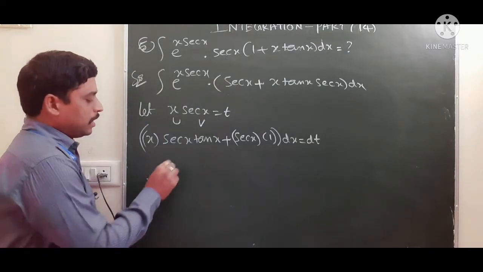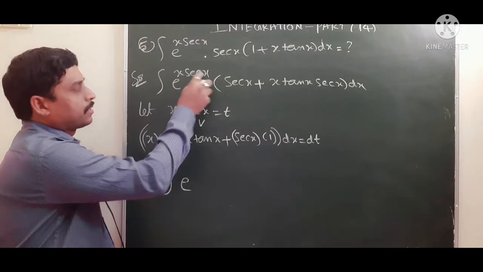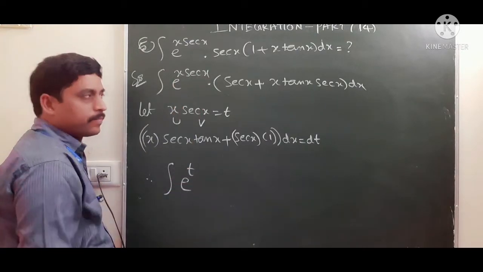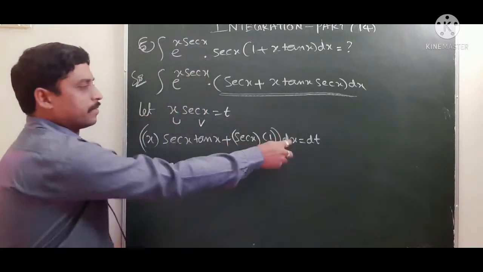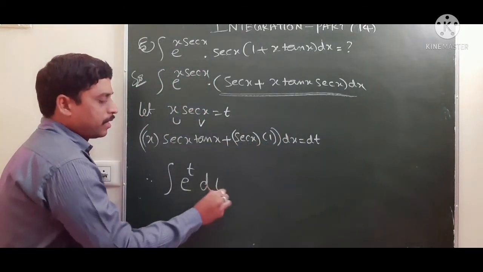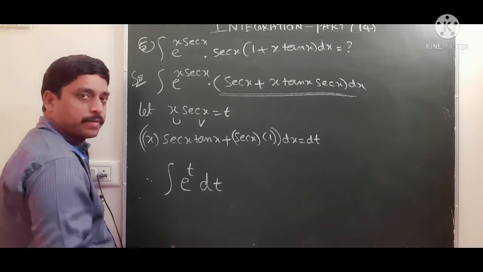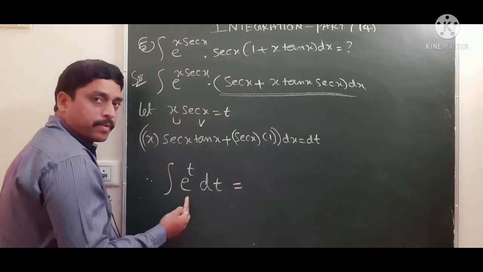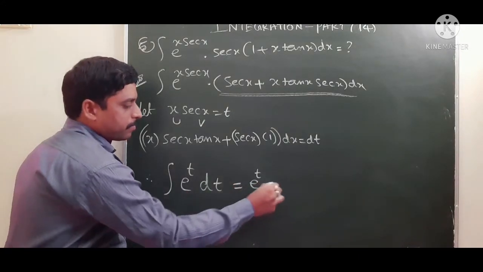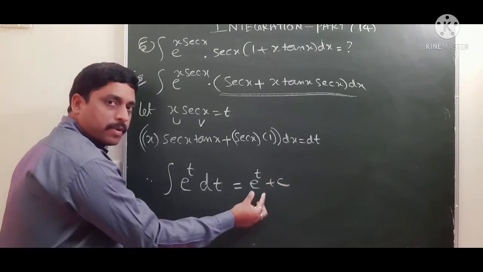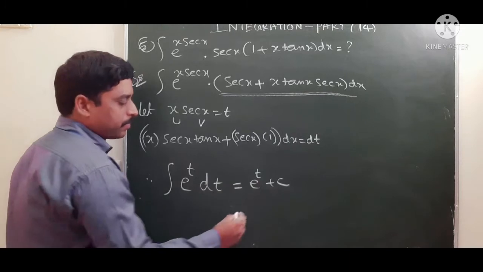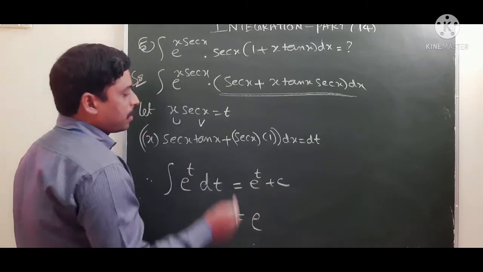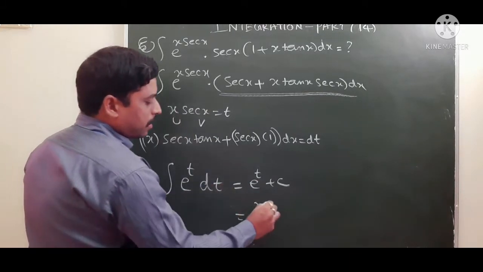Okay, now integral e to the power x secant x expression, write t. This total will be dt. So e to the power t dt. Integral e to the power t plus c. The derivative of e to the power t is e to the power t, integration is also the same. So e to the power, in place of t, we should write x secant x.